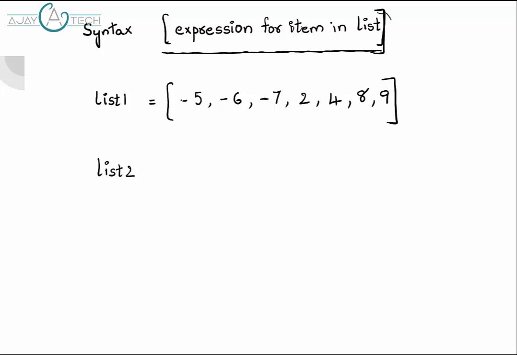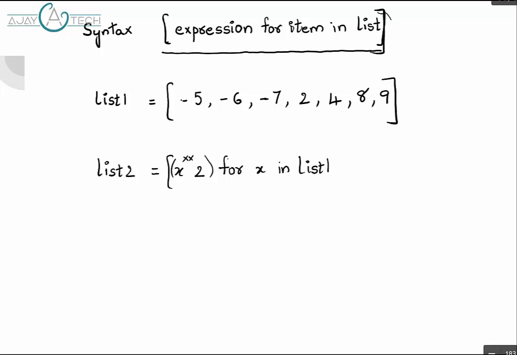So let's see this. The same expression that we used for squaring all the elements in list 1, we are going to use the same expression. So x to the power of 2 for x in list 1.